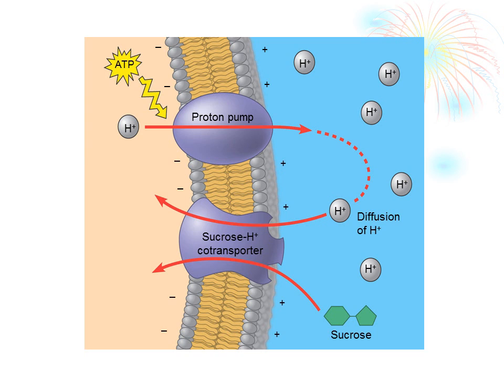It's going to want to equalize. So it's going to go through another protein, but because of that gradient that's occurring, it's going to suck in sucrose, which is a type of carbohydrate, in the process. So really just understand that cotransport is when you have active transport that's indirectly driving the uptake of another substance.